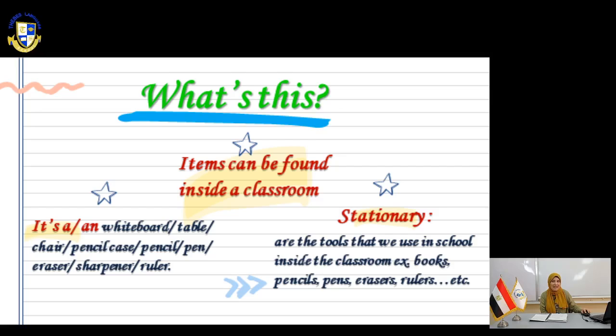We took an because eraser starts with E, and E is one of the vowels. A sharpener and a ruler.